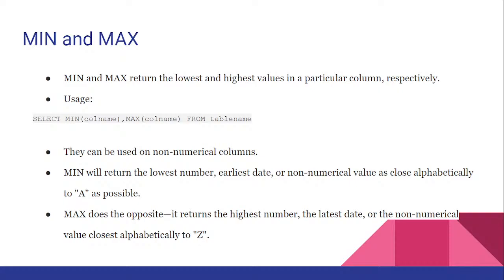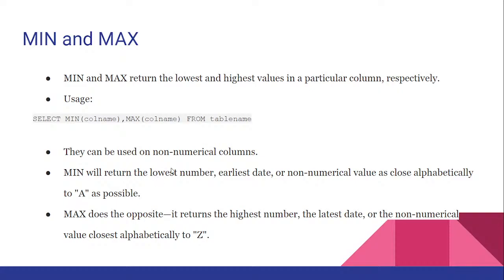But it can be used on one particular column, so it will know how to compare it. It'll look at the minimum value and give it to me. The second is max. Max will, as the name suggests, give the maximum value.